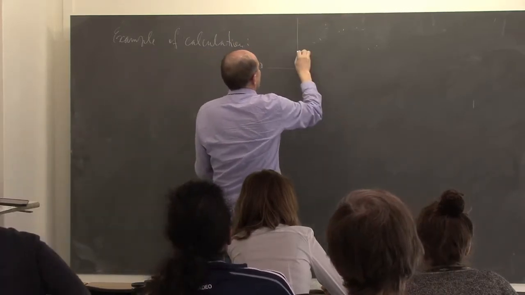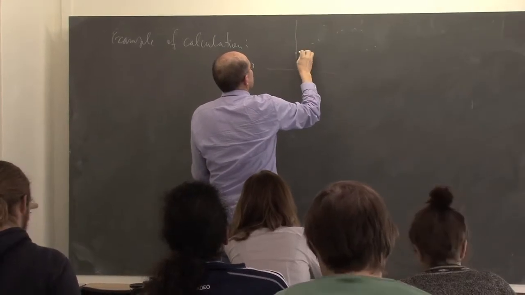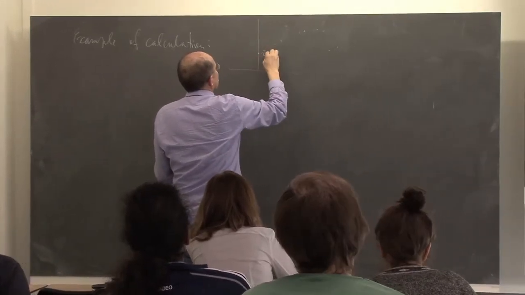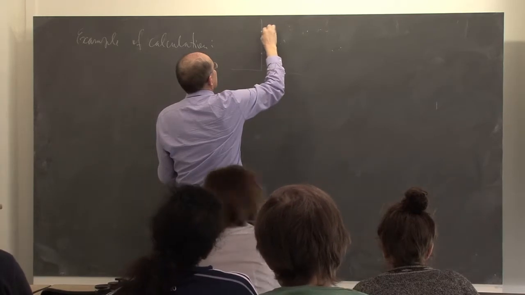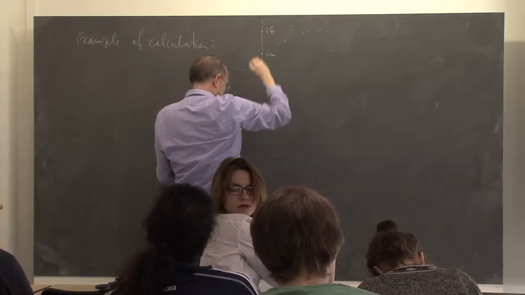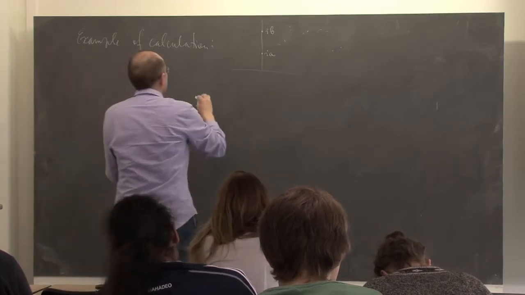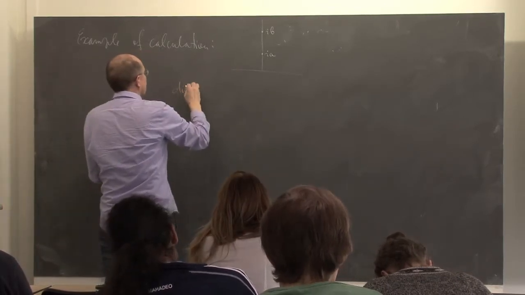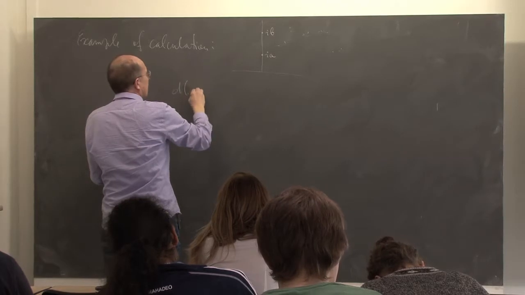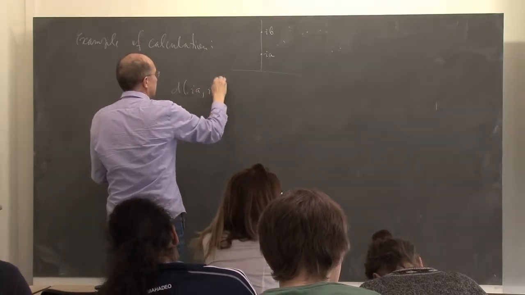Imagine we have 2 points, ia and ib, and we are interested in the distance between ia and ib.